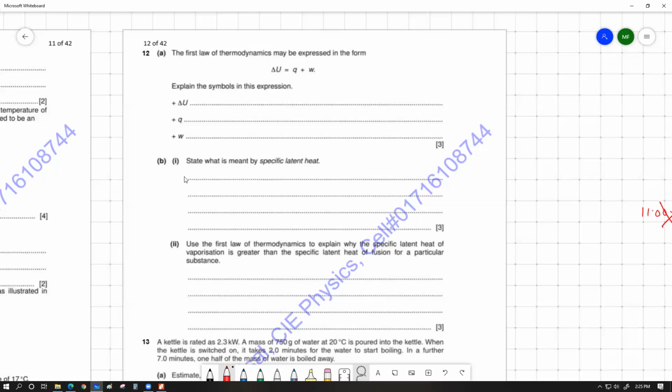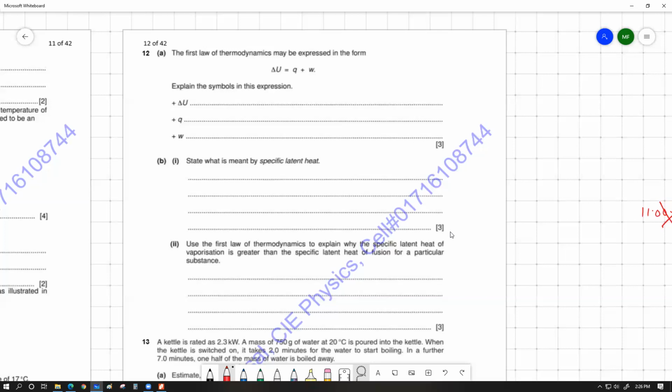Then we have a question: state what is meant by specific latent heat. We have 3 marks into this question. So this is basically a state question, but we have 3 marks into it. So what should the 3 marks be scored for? First of all, the definition of latent heat is very simple. It is the amount of energy required per mass, per kilogram of an object, and that's the idea.